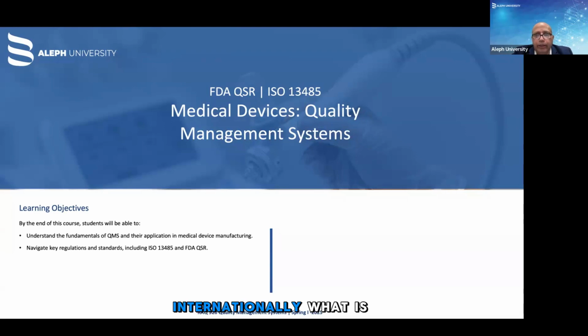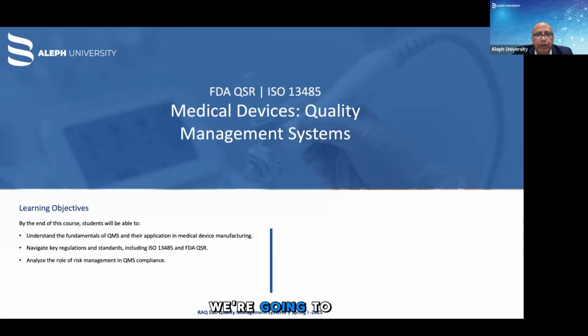Internationally, what is being recognized is the ISO 13485. So many countries, Europe, for example, in some Latin American countries or some Asian companies, they accept ISO 13485 certification as a proof that the company has a medical quality management system in place.